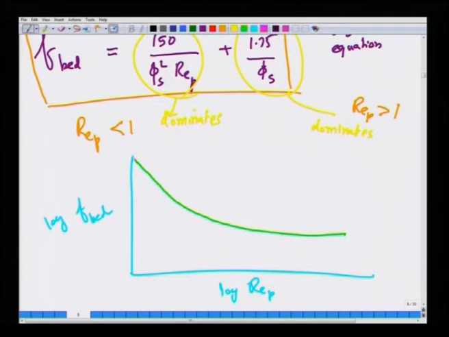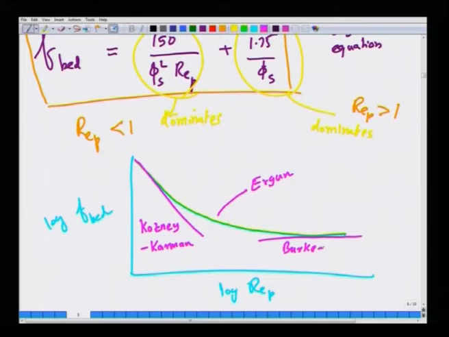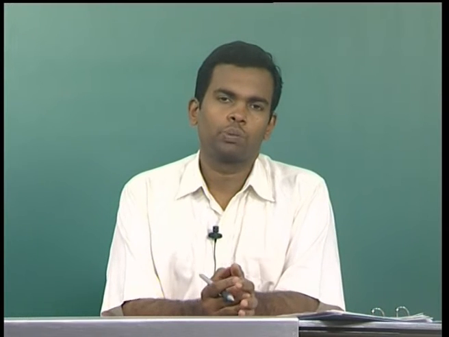So, at low Reynolds numbers you have the Kozeny-Karman equation, at higher Reynolds numbers you have the Burke-Plummer equation, and at intermediate Reynolds number you have the Ergun equation.